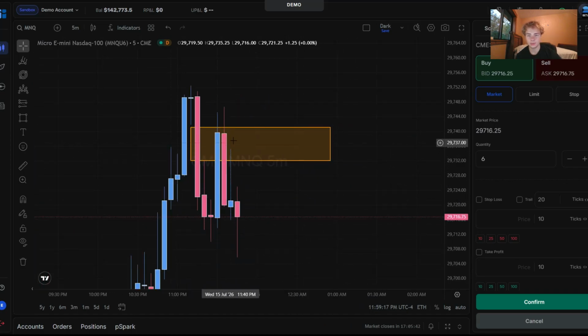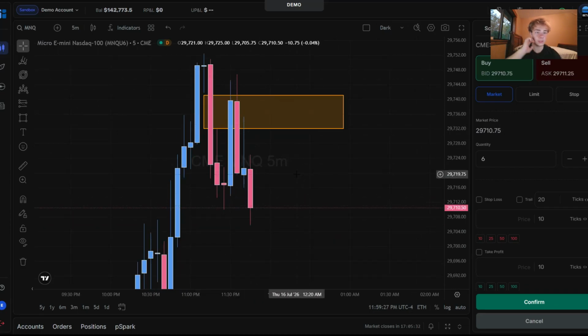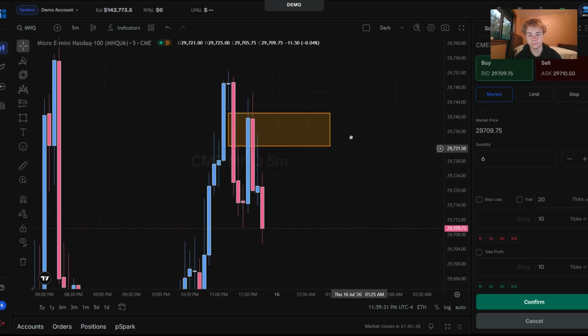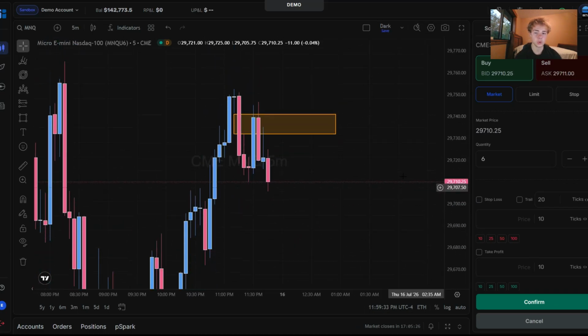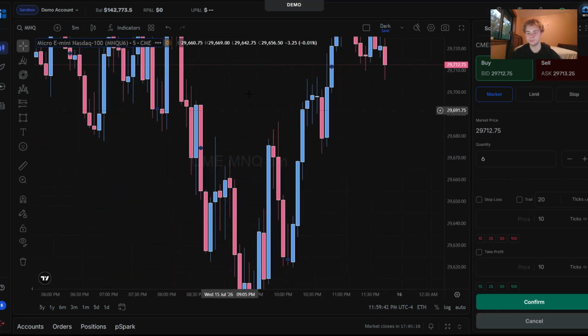It wicked out, but it did not close out of the gap. So it respects it. And then we see a continuation down, which is literally forming right now. So you could short off that if you wanted to. This is a 5 minute bearish fair value gap.